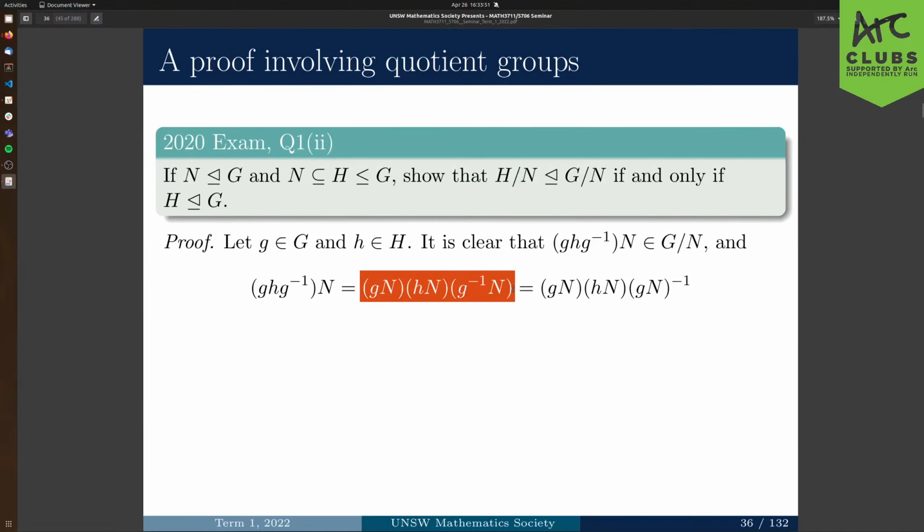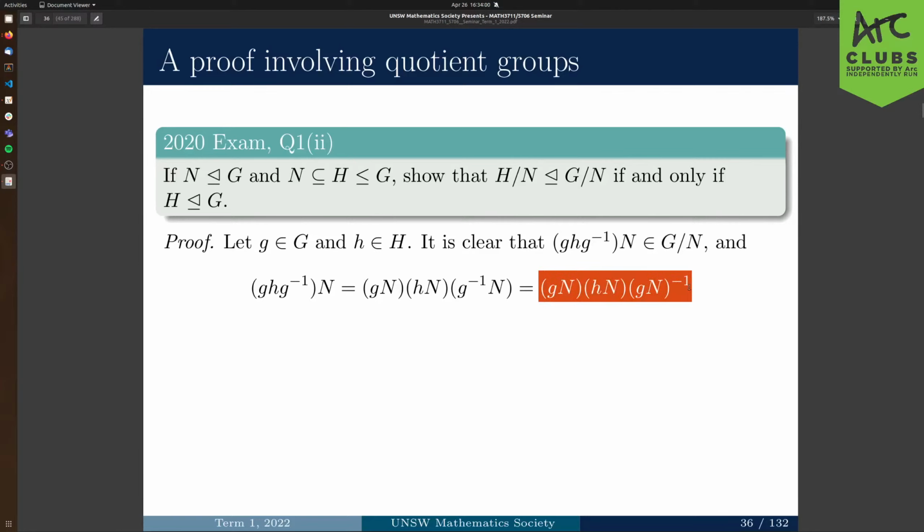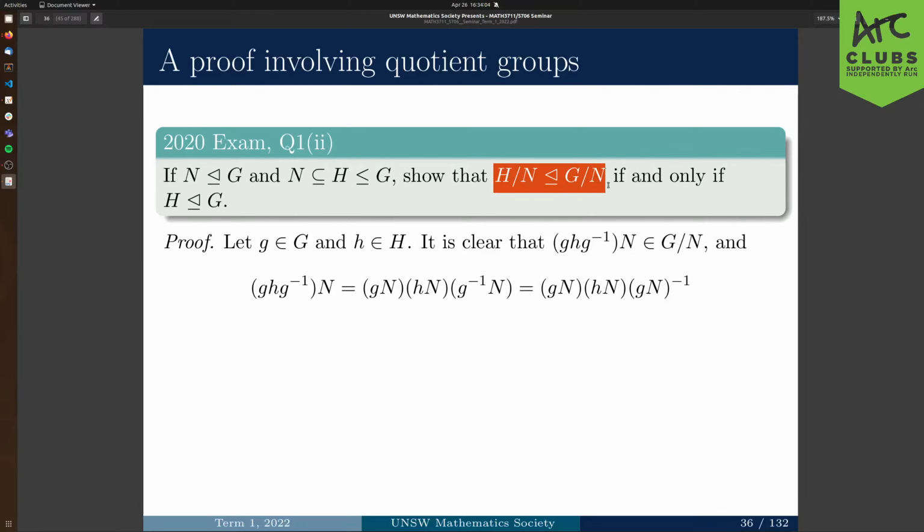So I can decompose it in this way, and then use the fact that this here is just the inverse of this coset gN. So this thing here is ultimately where we're headed if we want to prove that this is a normal subgroup of G over N, right?